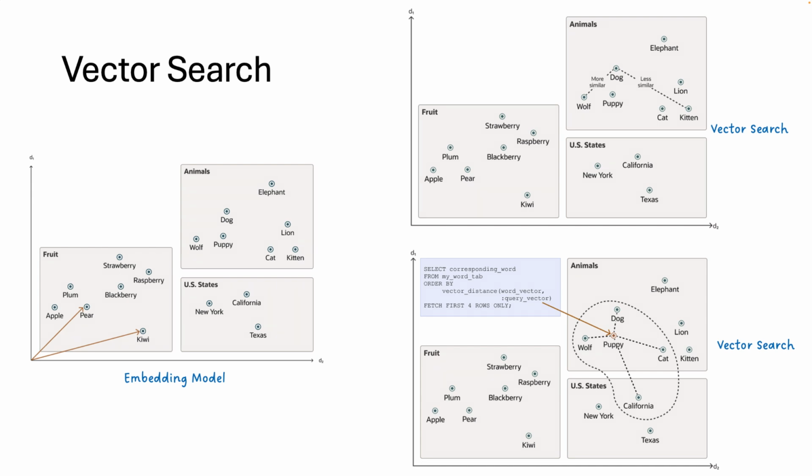There are ways to overcome some of this, and that's a topic for another day. So we'll see where we have dog, puppy, wolf, cat, but we also have California. They're closely related, but we sometimes cross over into another cluster and end up getting incorrect information, but there are ways to avoid that.